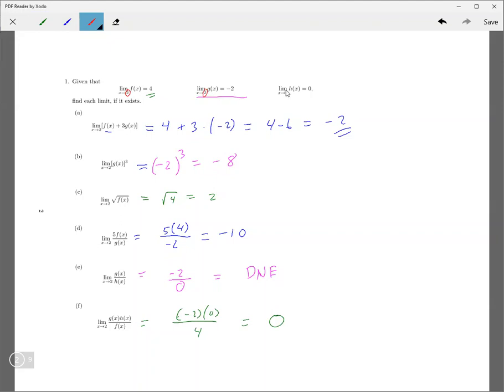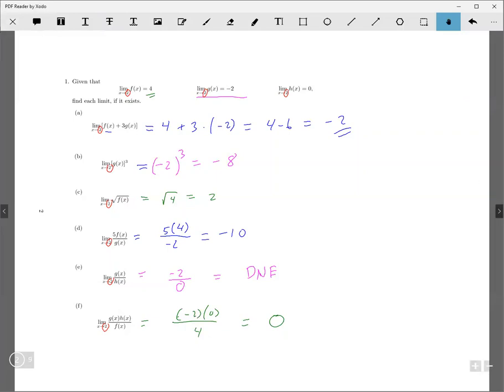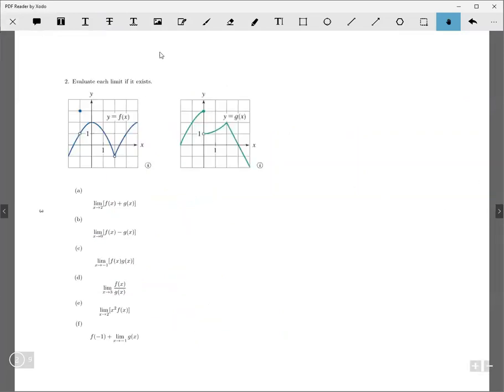Okay, so if it's going to a different number, then you have to pay attention to that right there. Okay, that they're all going to 2. So then that means you can just plug that stuff in. You could have a situation where they're going to different numbers, and then things would be different.